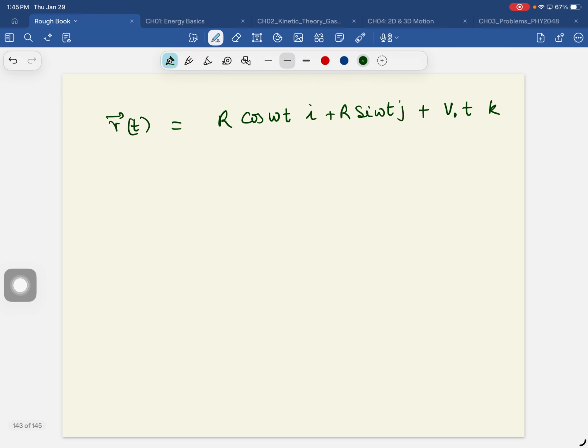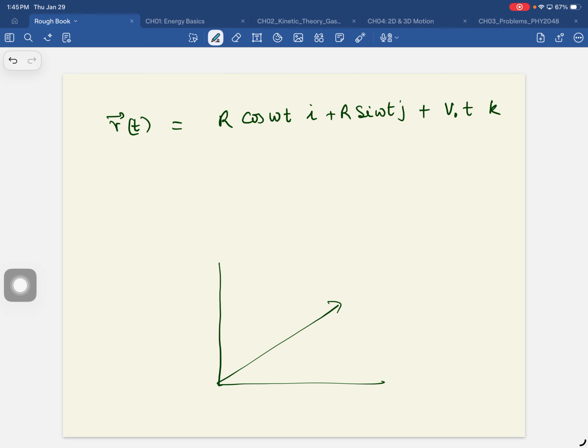I'm going to draw this motion. Don't worry about the details. At t equal to 0, you're starting there.